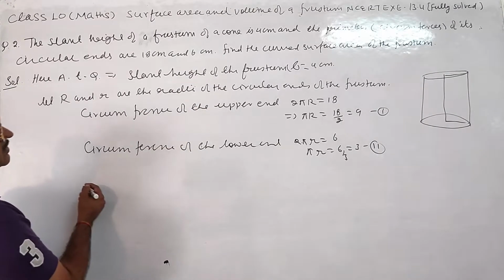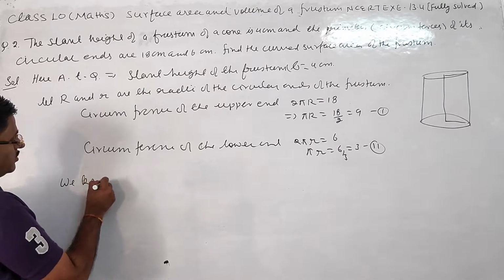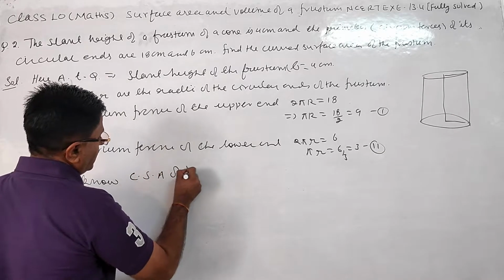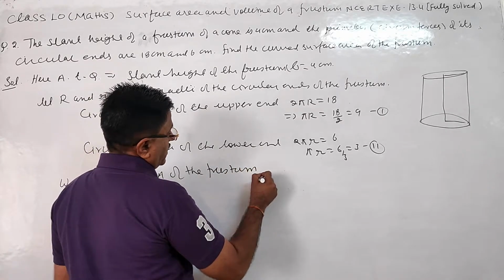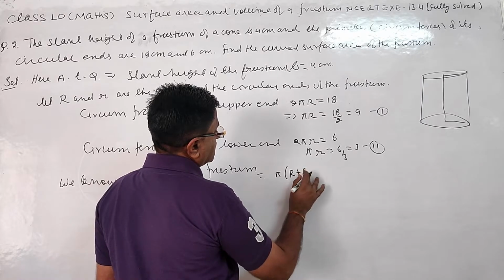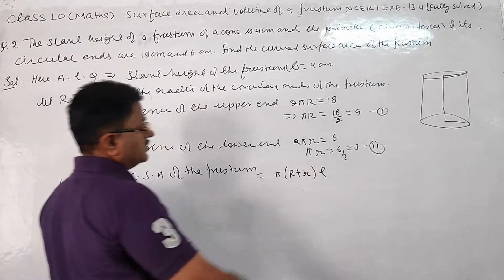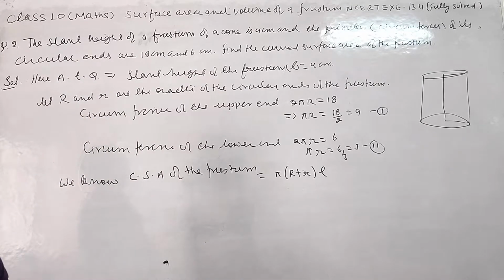Now we need the curved surface area. We know the curved surface area of the frustum is given by the formula pi into (R plus small r) into L. So this is the formula for finding the curved surface area of the frustum.